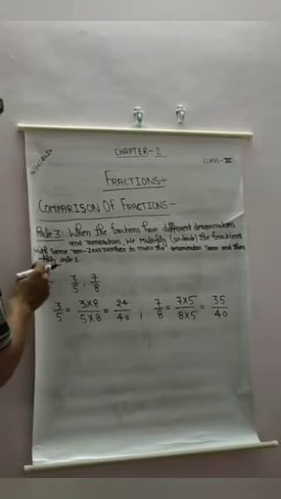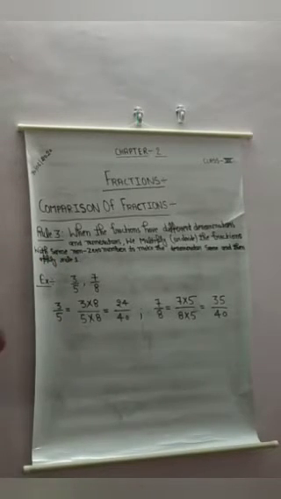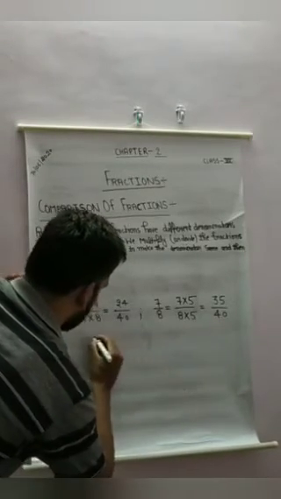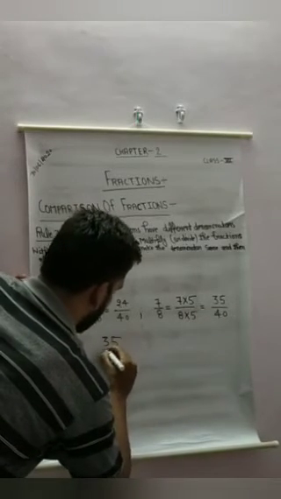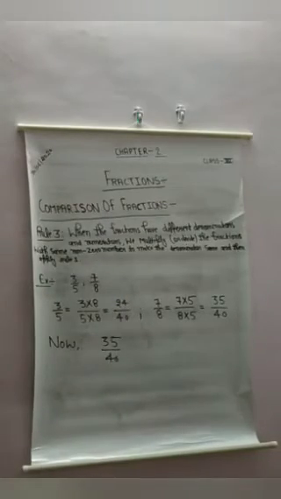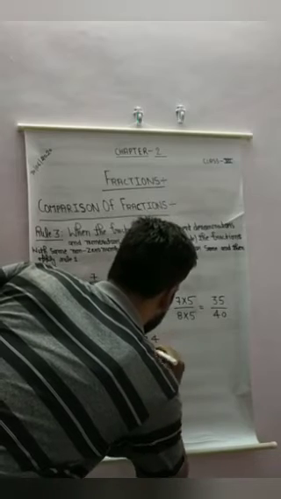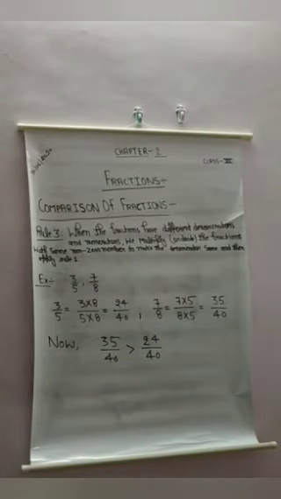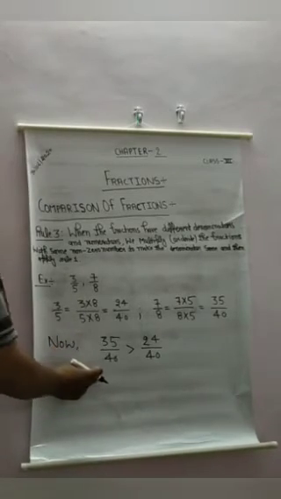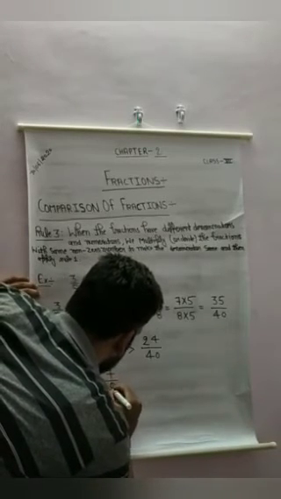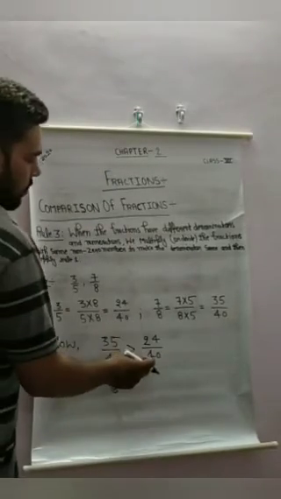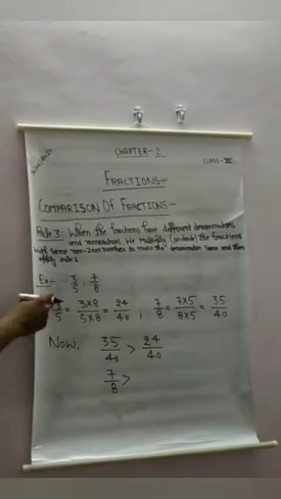Now apply rule first. 35 upon 40 is greater than 24 upon 40. 35 upon 40 is equal to 7 upon 8. 24 upon 40 is equal to 3 upon 5.